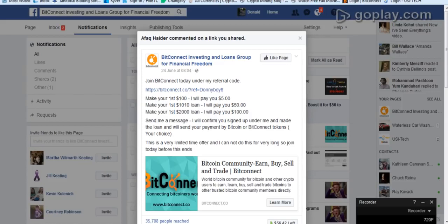I always recommend no one invest anything that they can't lose. It's a pretty safe program. I don't see any real risk of losing it other than if BitConnect ever closed or something like that. But they're making so much money, there'd be no reason to quit.